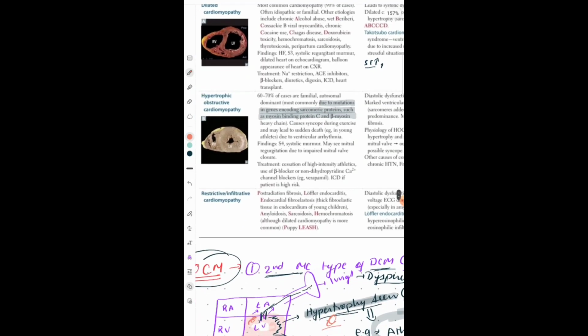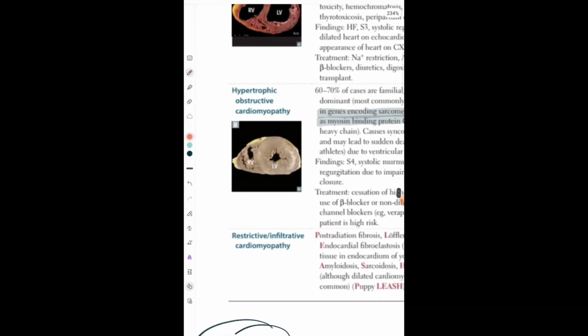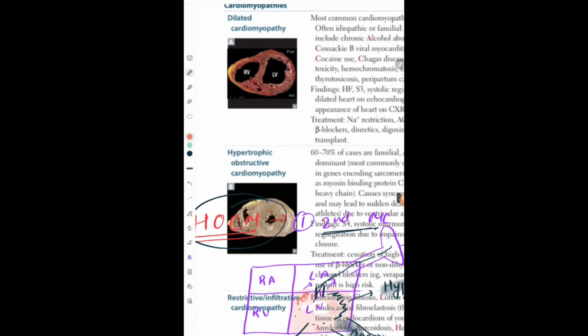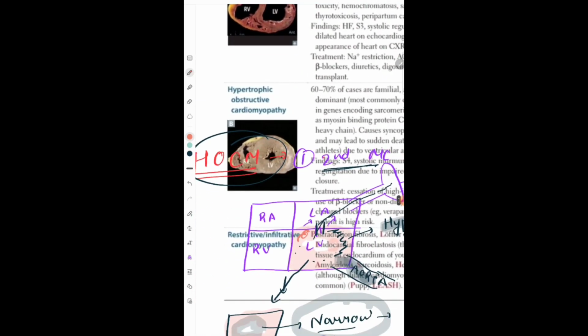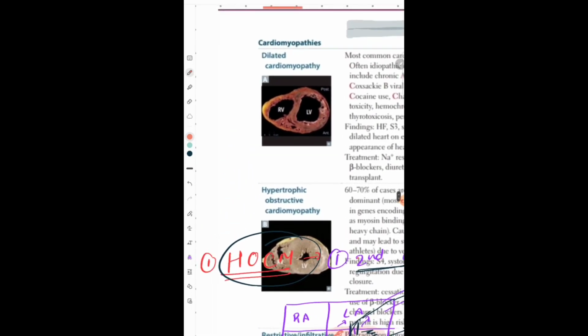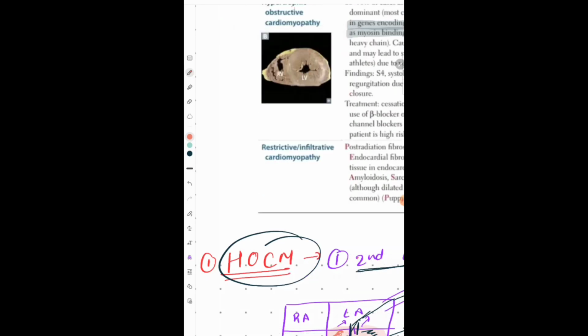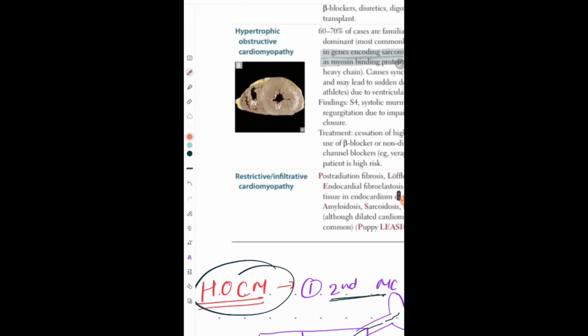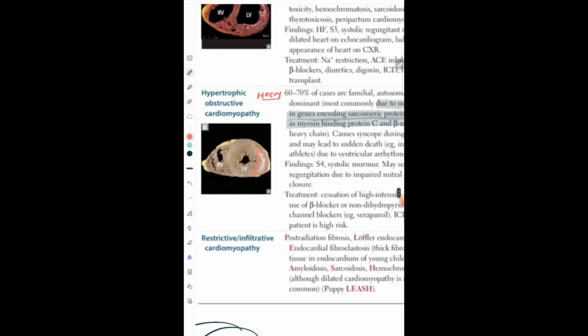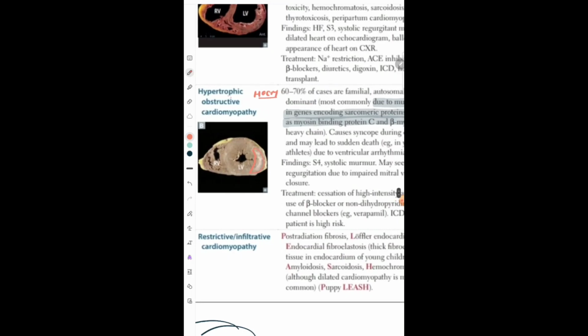In hypertrophy, this is HOCM. Here you can see there is a banana shape hypertrophy, and it is due to rapid muscle movement.